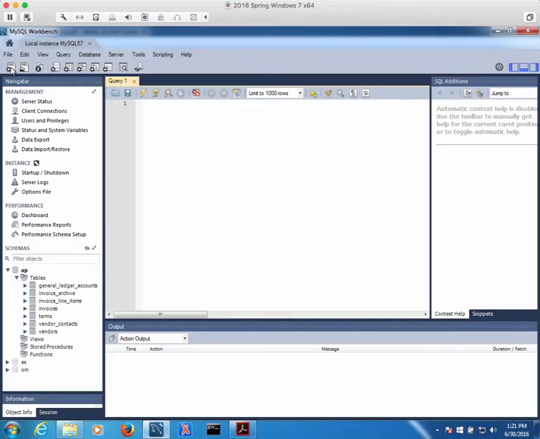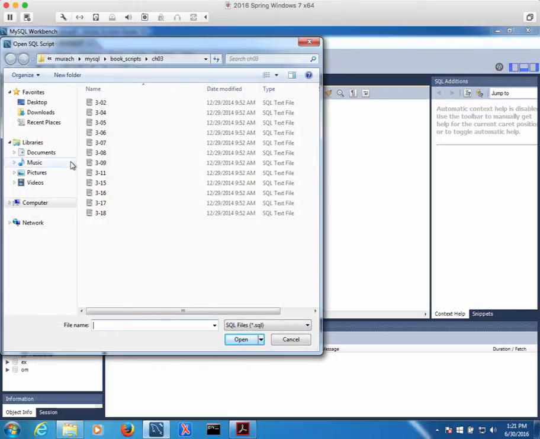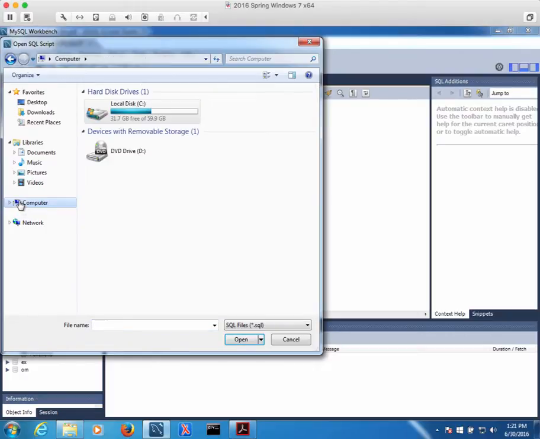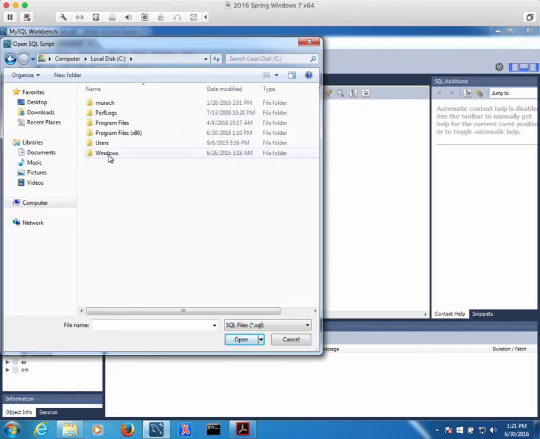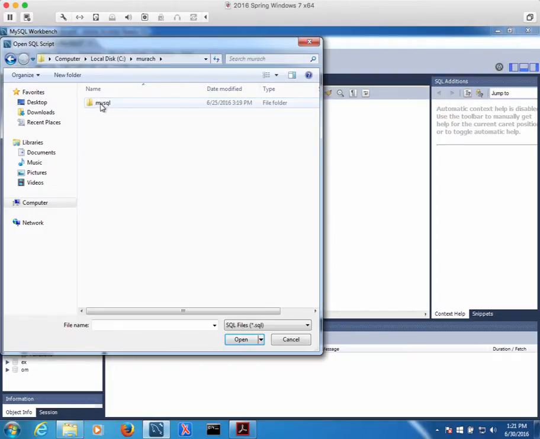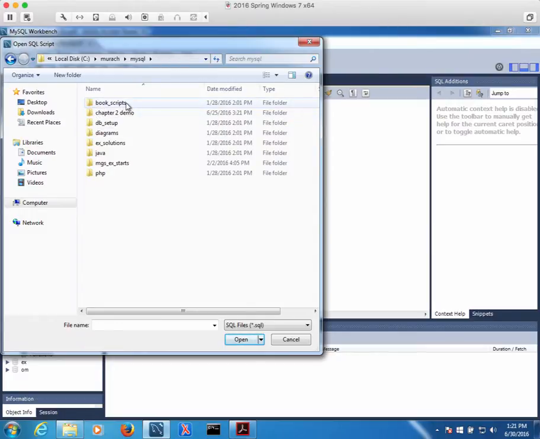I'm going to go up to the toolbar and click on the second icon, which opens an SQL script. On Windows, we install the material from the book under Computer, then local disk C, and if we follow the instructions, we should have a directory on C called Murach, a subdirectory called MySQL, and then a subdirectory of book scripts.